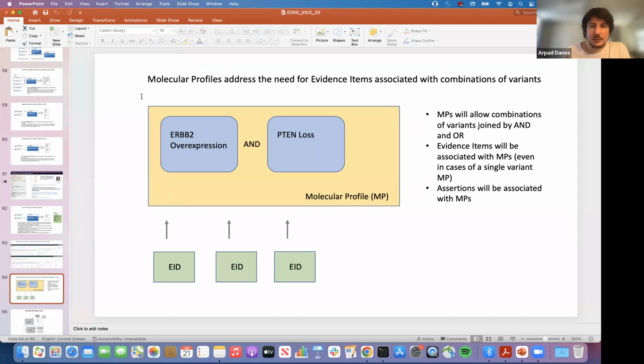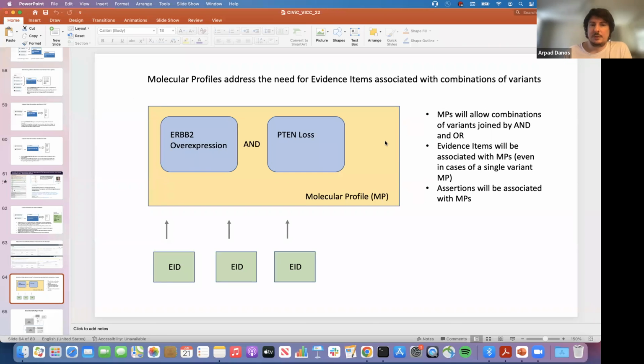The idea is that we switch out the current way of doing variants with a molecular profile that allows you to, for instance, take ERBB2 overexpression and PTEN loss. We currently have clever ways of shoehorning this into our current evidence items, which I had examples of in another slide, but there's not time for that.